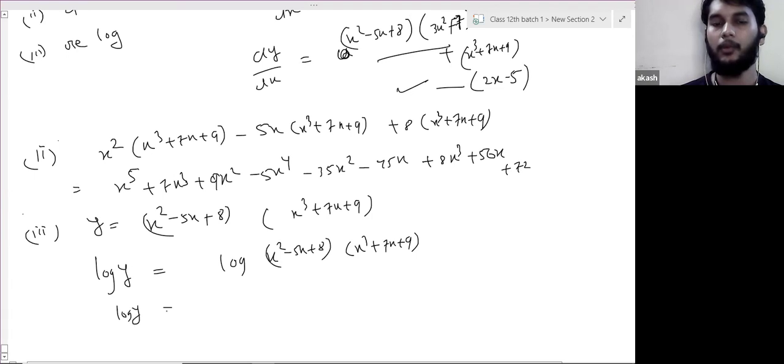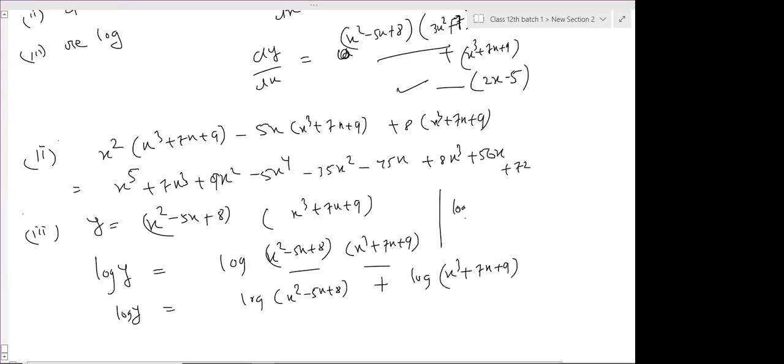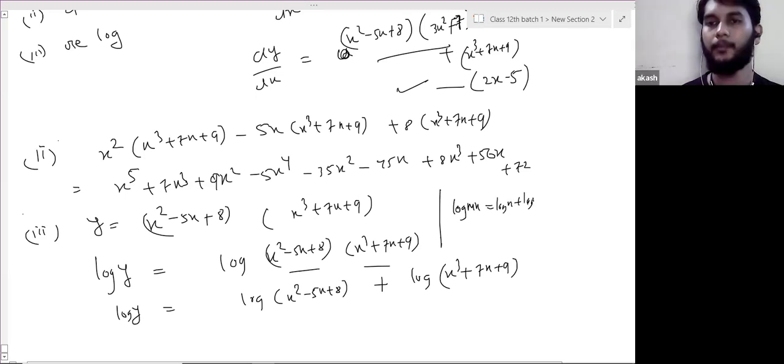We have a property of log: if two functions are multiplied, then we can write it as addition, plus, right? This step is clear, Kulsum? It's clear. Log mn, we can write as log m plus log n.